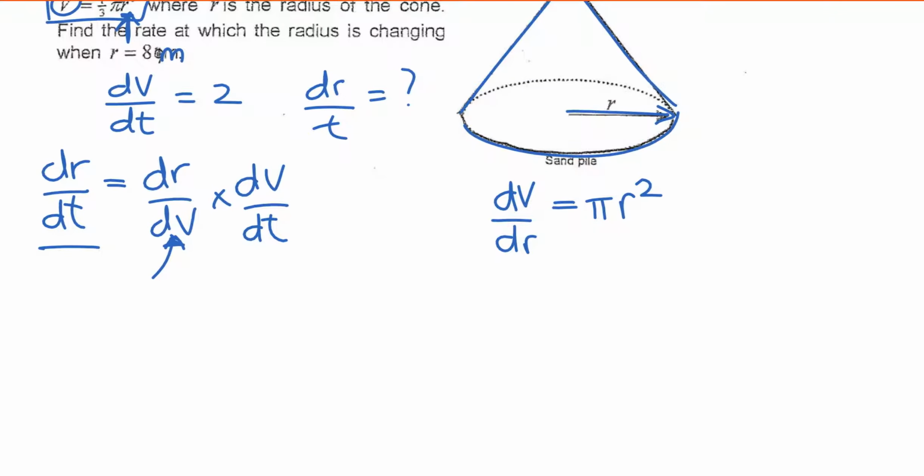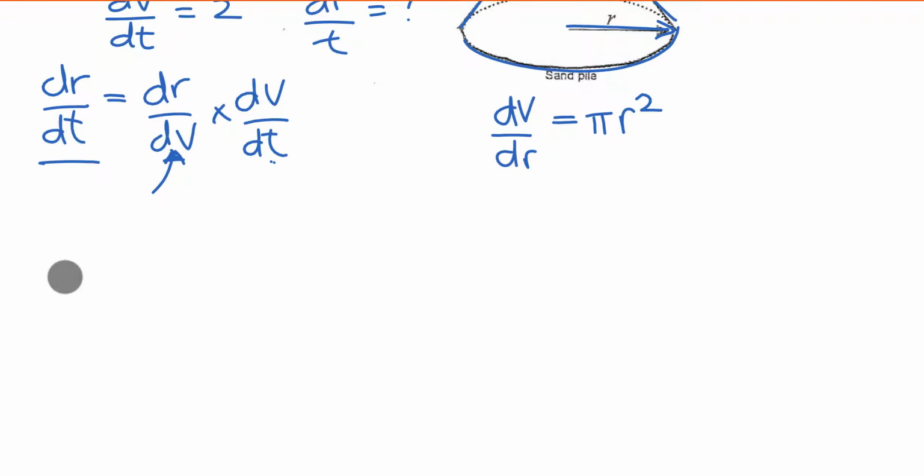Okay, and then I've got this 2 as my answer here. So if I go 1 over pi r squared times 2, I get my rate at which my radius is changing with respect to time. Okay? Does that make sense?